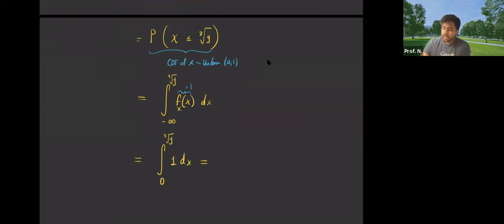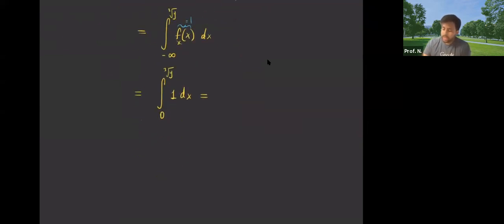But this is like saying, find the area of the constant function 1 between 0 and the cube root of y. And the area of a rectangle where one of the dimensions is 1 and the other one is the cube root of y is just the cube root of y.